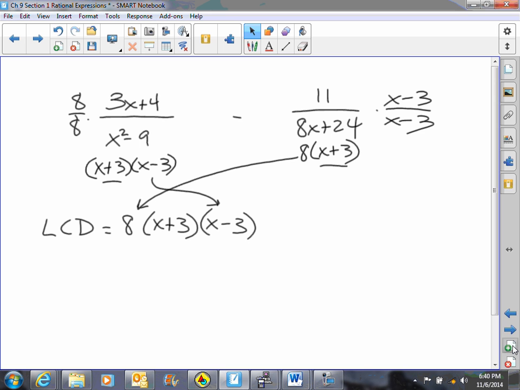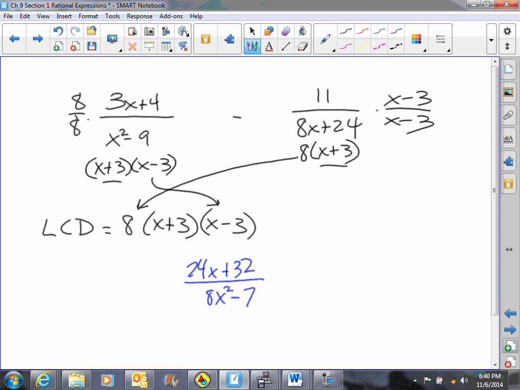Now what we get then is the first fraction becomes 24x plus 32 over 8x squared minus 72, and then minus the second one becomes 11x minus 33 over 8x squared minus 72.